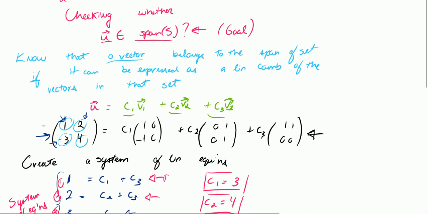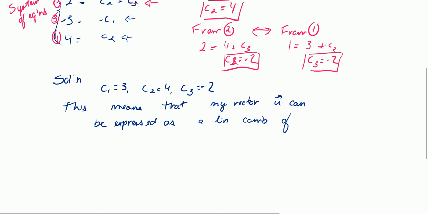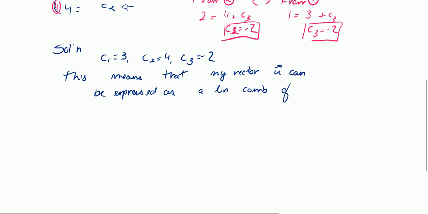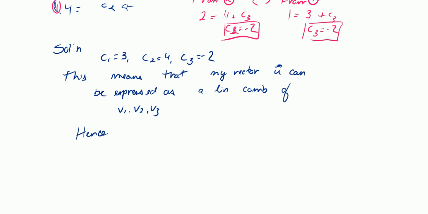And my vectors, remember, v1, v2, v3 were 1, 0, minus 1, 0; 0, 1, 0, 1; and 1, 1, 0, 0. So my vector u can be expressed as a linear combination of v1, v2, v3. Hence u belongs to the span of S. So u is in the span of S because it can be expressed as a linear combination of the vectors in S.